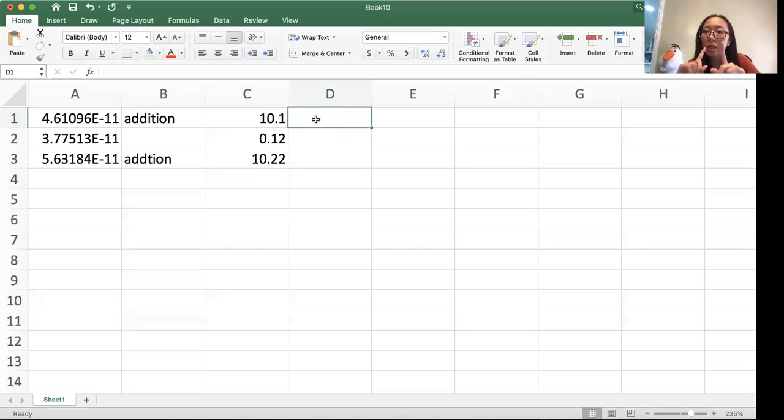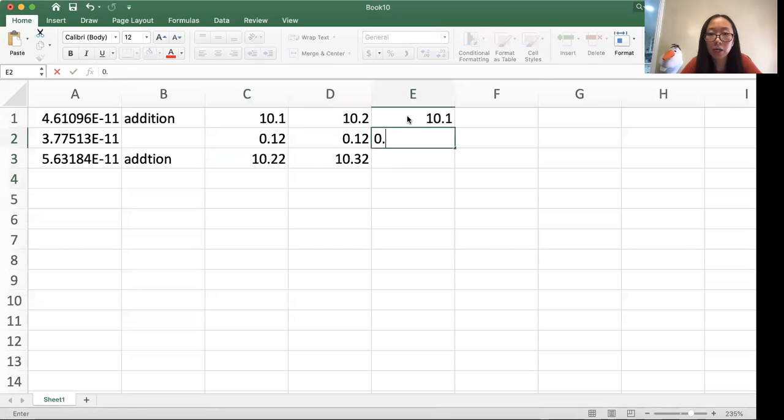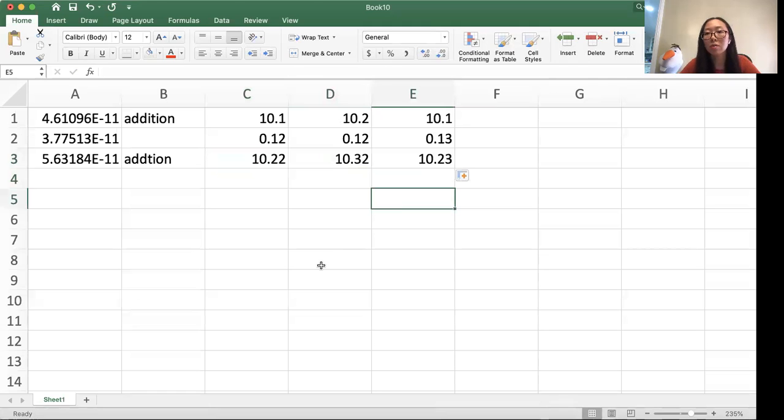Now let's make a couple of changes. First, let's change only the first number and keep the second number the same. When you do the addition, you can see the first decimal place is changing. Now we keep the first number the same but change the second number, and we add those two numbers together.